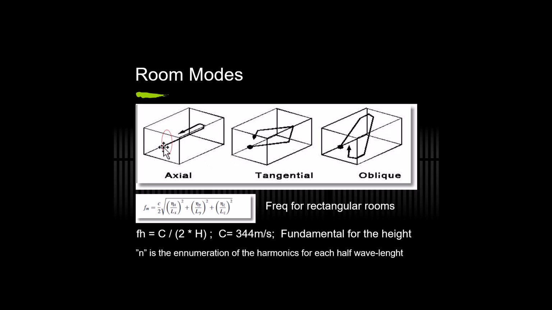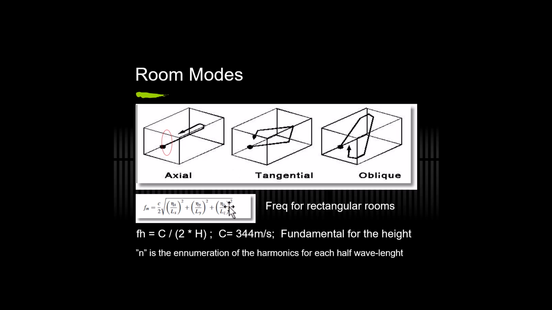The most common one is the axial room modes, where there are standing waves between walls and ceiling and floor. Then we have tangential, which is in the middle of the surface, and also oblique, which is more complicated.